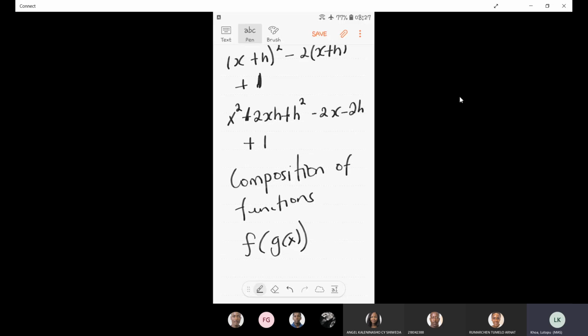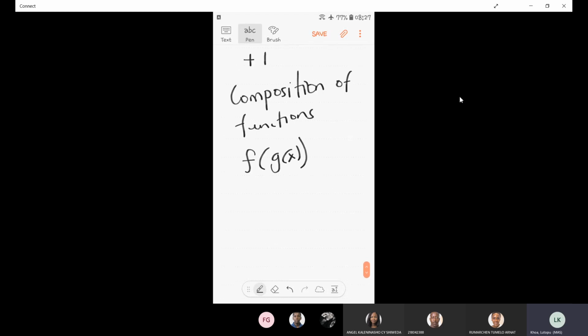It works in exactly the same way. Let's say, instead of f of g of x, I say f of f of x. That means my input is the function f of x, and I will be doing this.